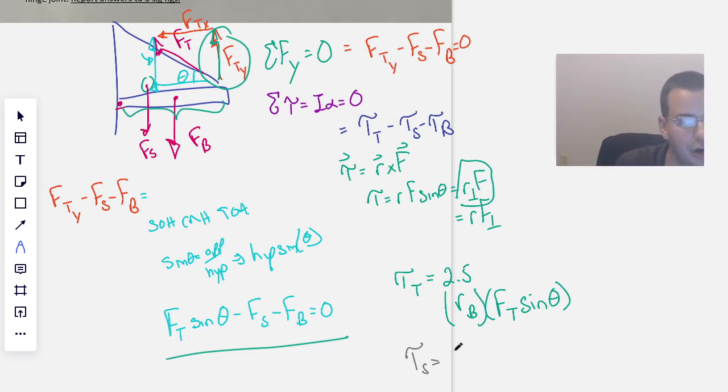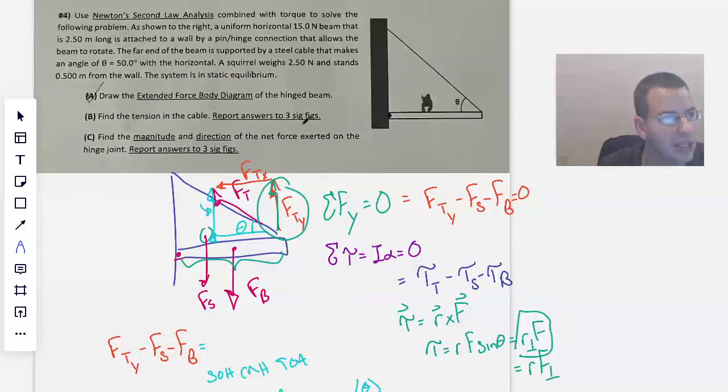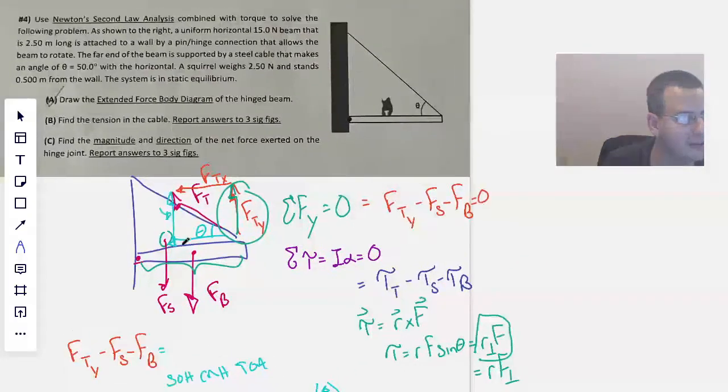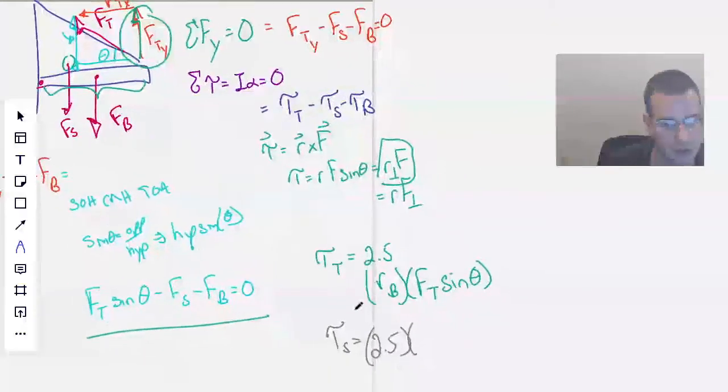It's just r times F. The squirrel force is 2.5 newtons, times its distance, which they said was 0.5 meters from the wall.